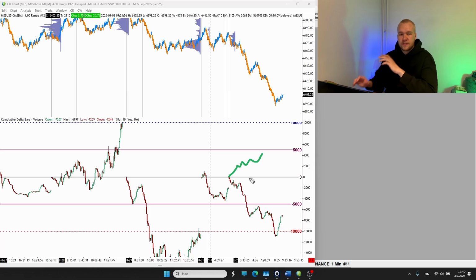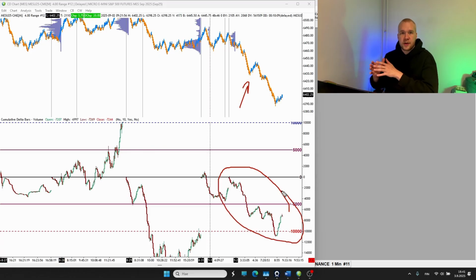If the cumulative delta is telling you something, you should filter it through your own context and your own bias. And now let's imagine again that, in this specific day's market, we wanted to sell that market, and we can see here that the cumulative delta is confirming our bias. So this is how you should really use a secondary tool.